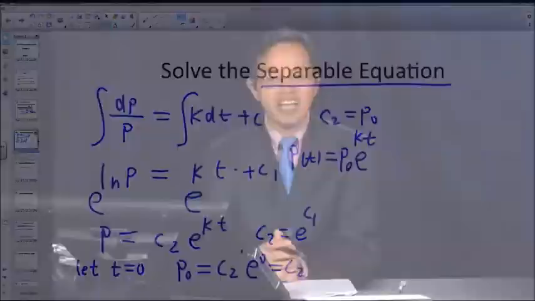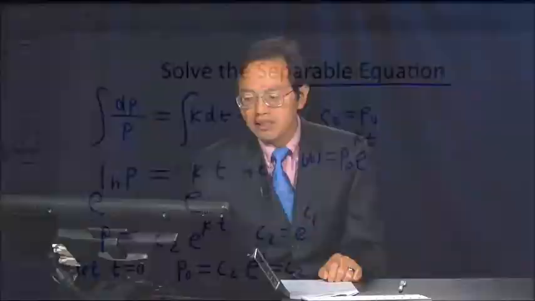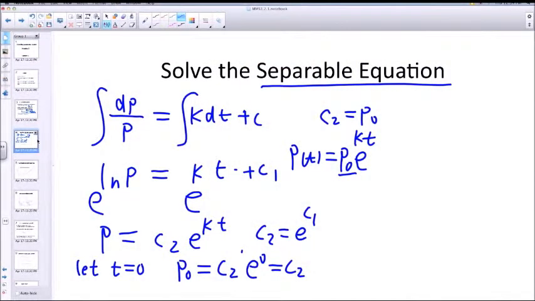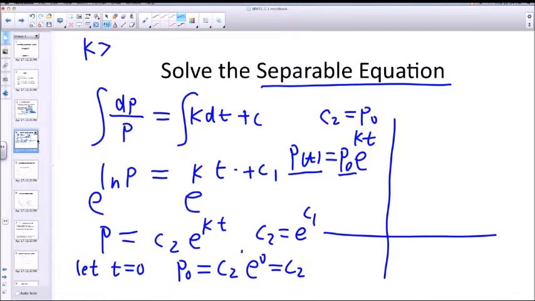I believe this is not new to you at all. Just like you save some money in the bank, that P0 is the principal you saved, and the k is the compound annual interest rate. And then the money you gain from the compound interest is the same formula. The bottom line is, this is an exponential function, depending on whether k is positive or negative.